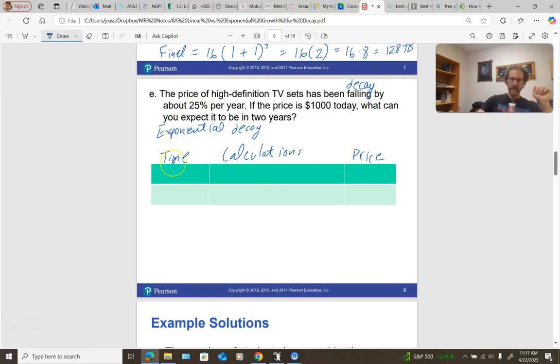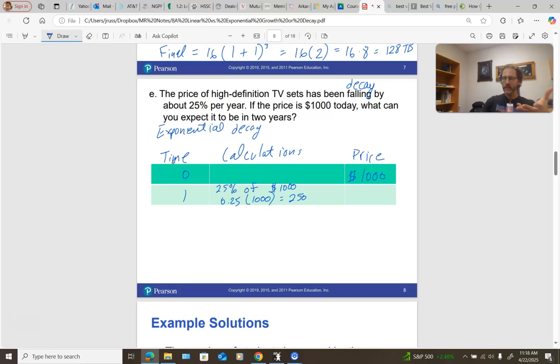Okay, so at time 0, the TV set is $1,000. But after that first 1-year period, it's going to decrease by 25%. So we need to figure out what is 25% of $1,000. Again, you convert 25% to a decimal, you multiply by 1,000, and you're going to get 250.